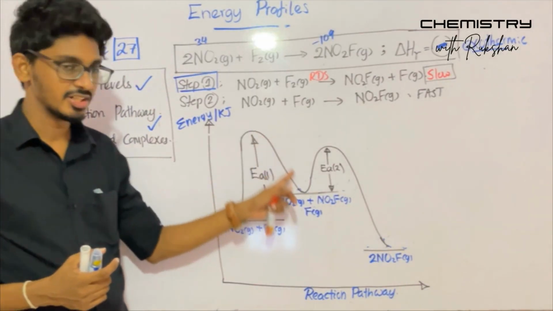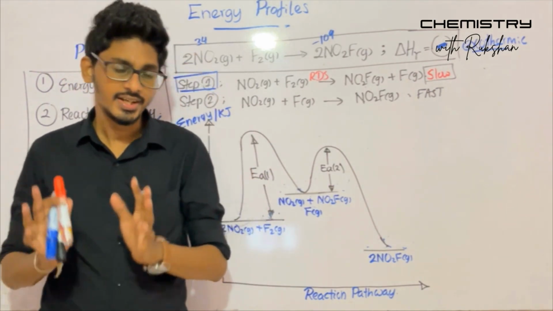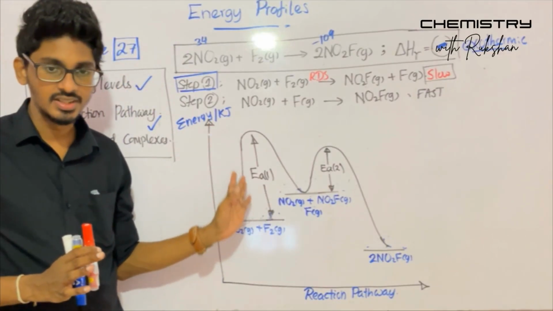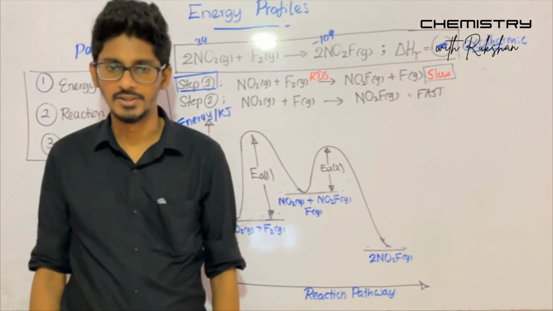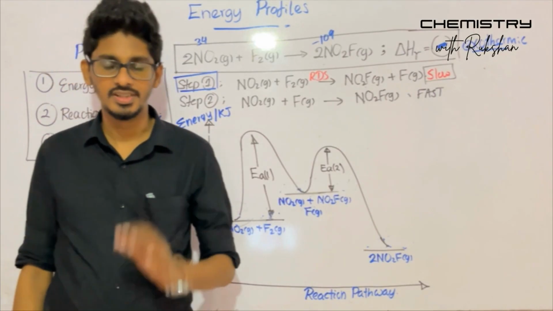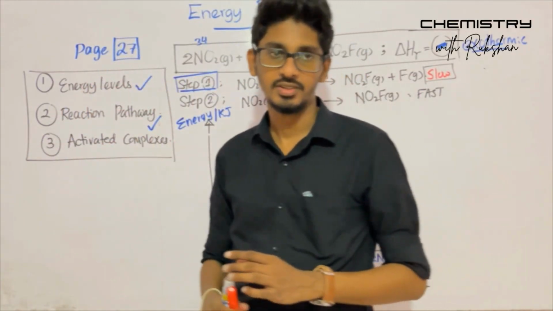Drawing the reaction path is very easy. What you have to consider is that you have to draw the right slow step with the greatest activation energy. That's it. We have done the second consideration of drawing an energy profile.